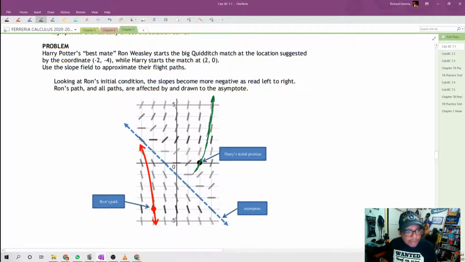And as I go to x equals 1, my slope better be 0, because that's where my slope is 0. And then I'm going to bend toward the asymptote, and eventually the slope is going to match that asymptote. We're not going to cross that asymptote. We're just going to get really, really close to that asymptote and stay close to it. Perhaps something like this.